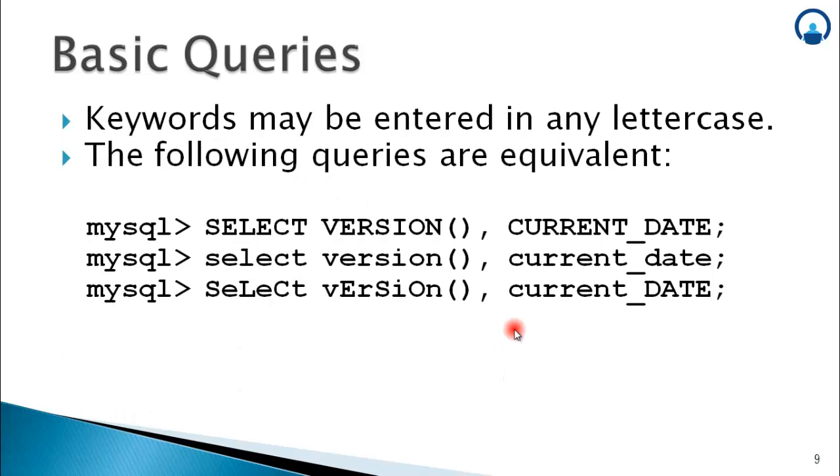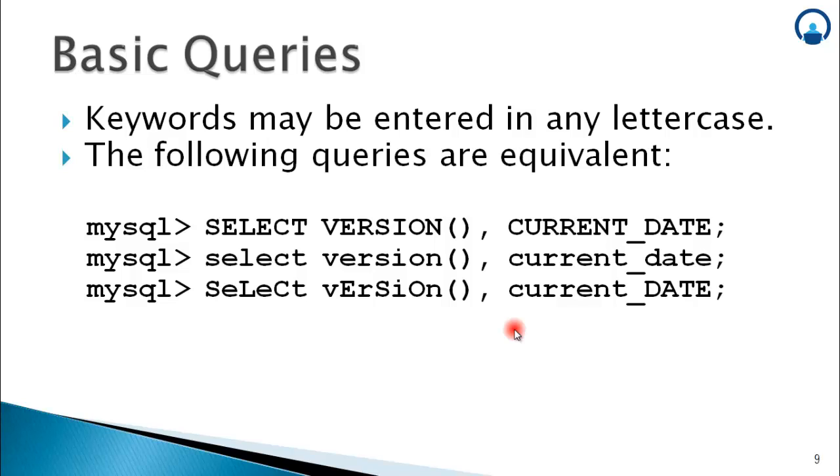Now let's come to some more part of basic queries. Keywords may be entered in any letter case. The following queries are equivalent. That is, if we write select version(), current_date in uppercase, or in lowercase, or in a mixed case, all three queries will give you the same output.